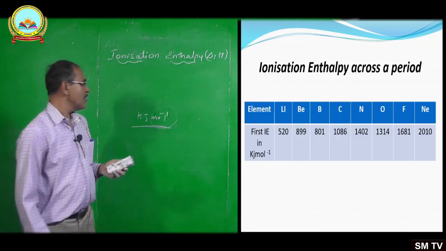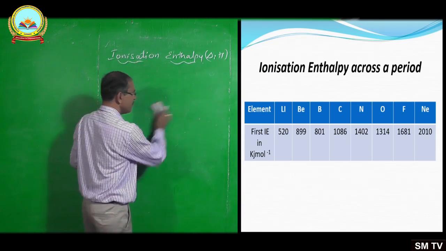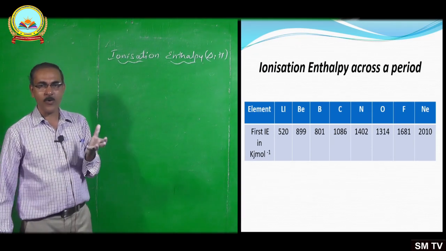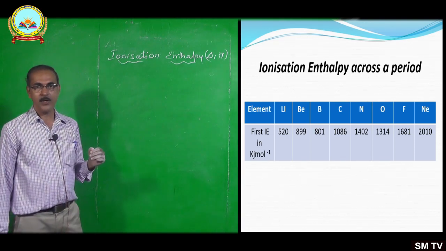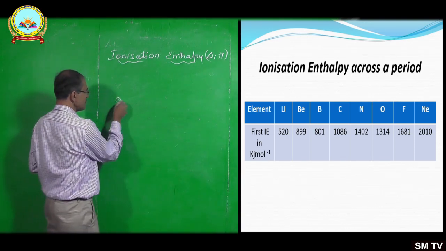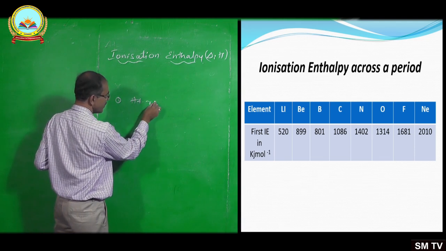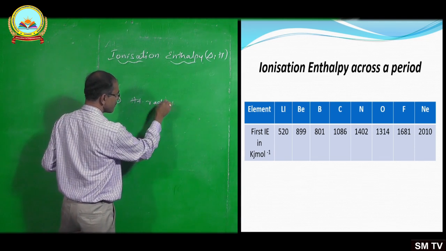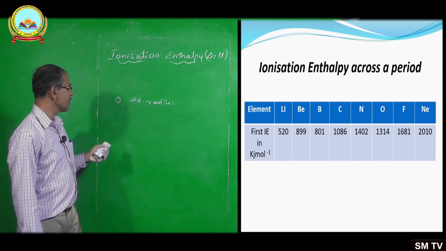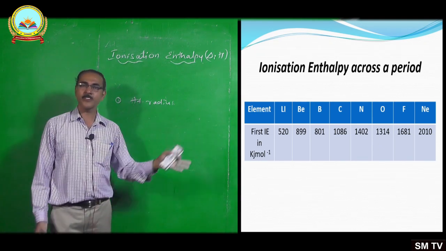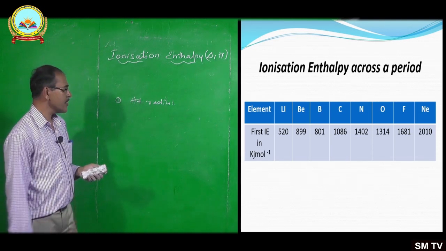Now, what are the factors on which ionization enthalpy depends? First one is atomic radius, or size of the atom. Atomic radius again depends on effective nuclear charge, I said.